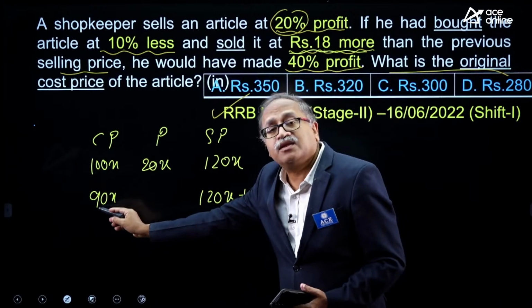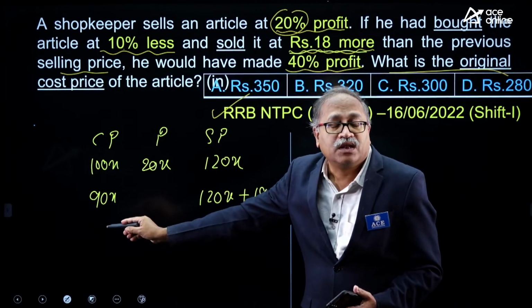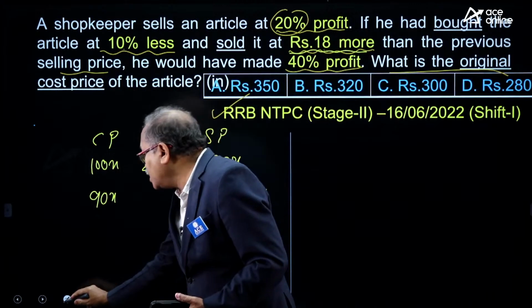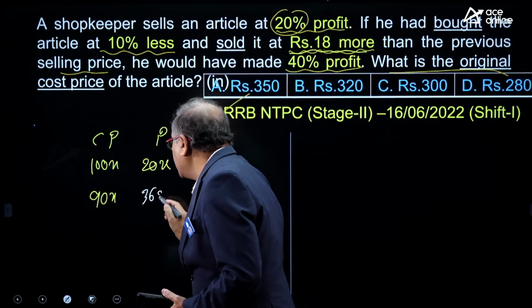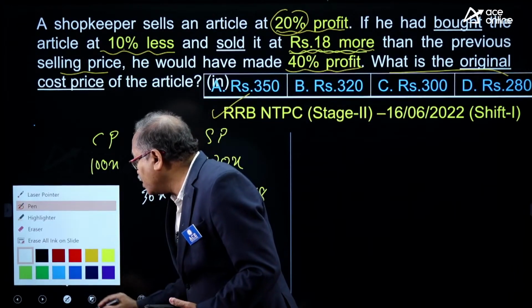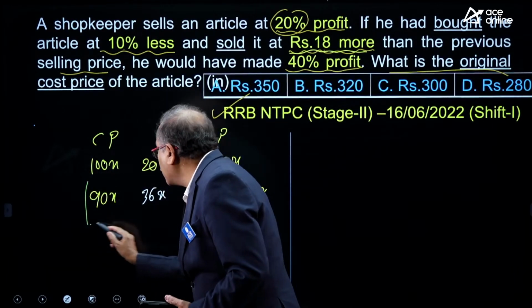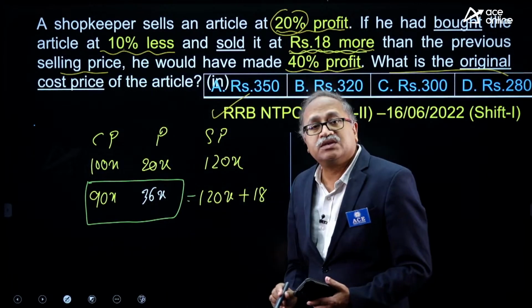So we calculate the profit on the cost price. What is 40% of 90x? 9 4s are 36. So here the profit would have been 36x. And what we also know is that cost price plus profit is equal to selling price.